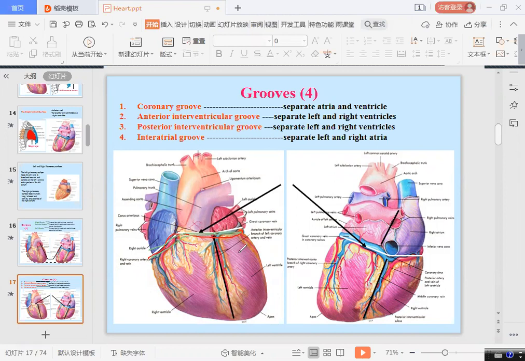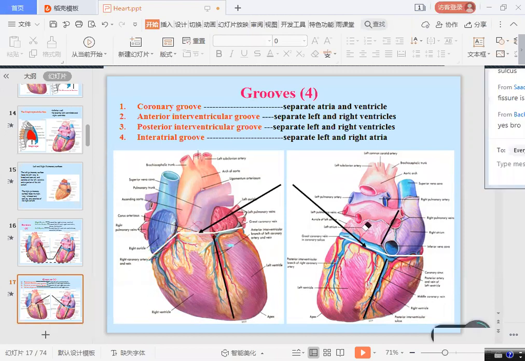Remember, this sulcus is very important because on this sulcus we have venous supply, because the great cardiac vein runs on this sulcus, as well as veins and arteries which run along with this sulcus. So remember, this is an important structure because the blood supply of the heart runs on this coronary sulcus.